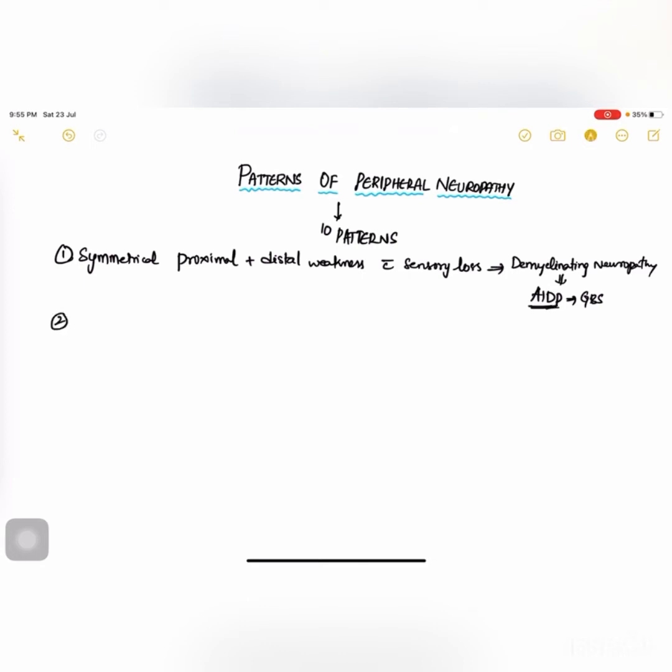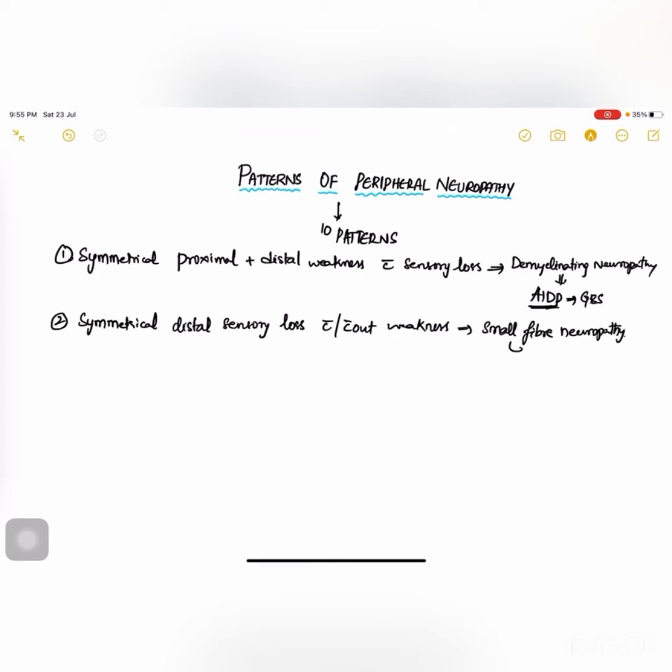The second pattern is symmetrical distal sensory loss with or without weakness, which is the pattern for small fiber neuropathy.